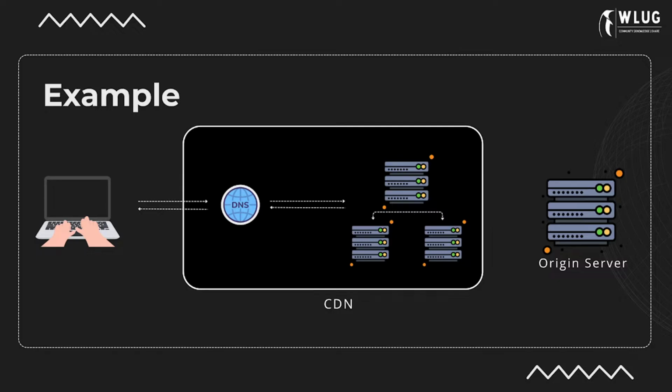Now, the edge server will check if the data about Acer Nitro 5 is present. If it's not, it will go to the regional server. If it's not present in the regional server either, only then will it go to your origin server.